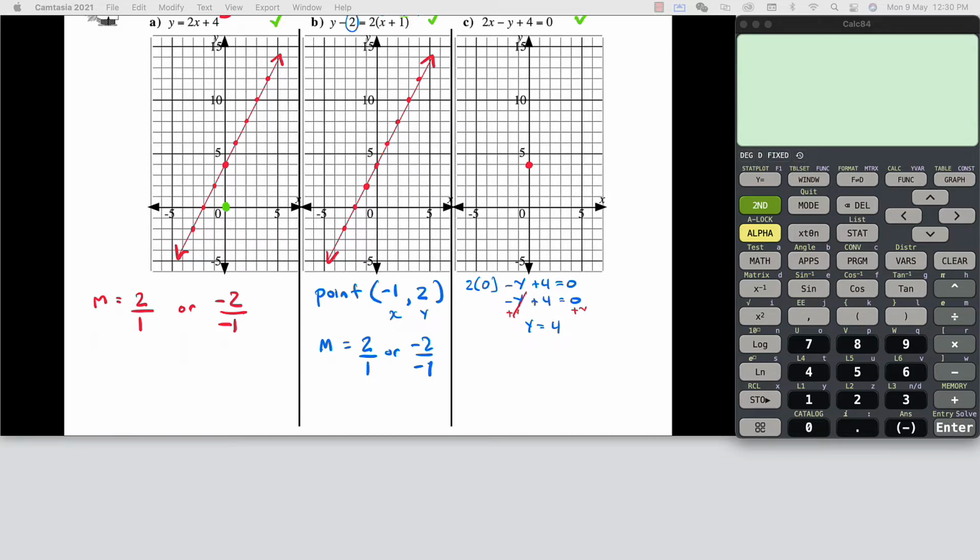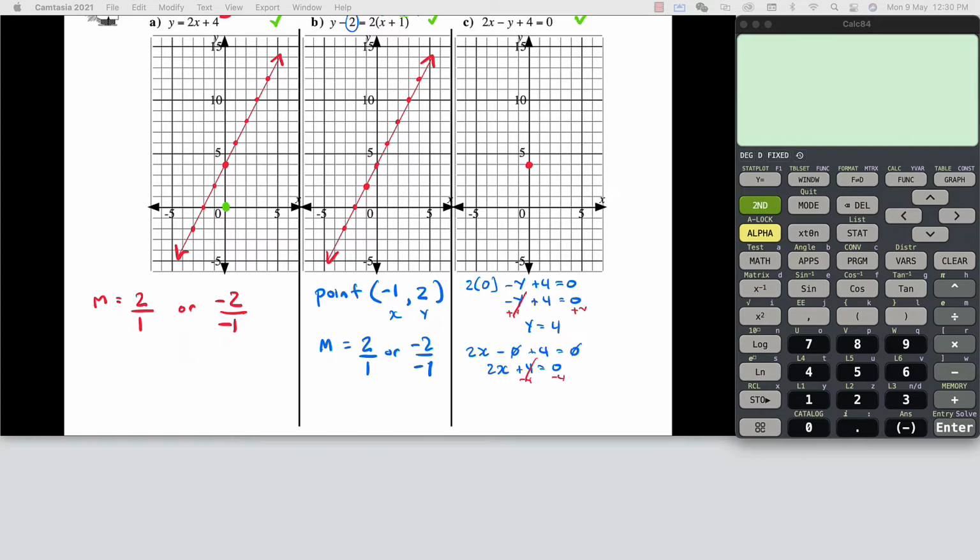Okay, now what about my x-intercept? Well, my x-intercept is when I replace the y with 0. So it's going to be 2 times x minus 0 plus 4 equals 0. So I can just eliminate that 0 from the equation. So we have 2x plus 4 equals 0. I'm going to subtract 4 from both sides.